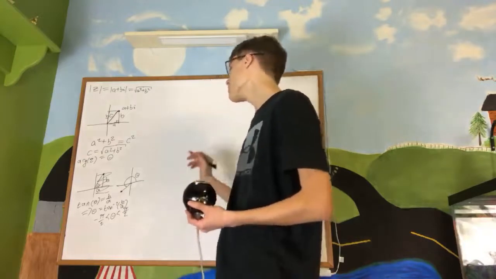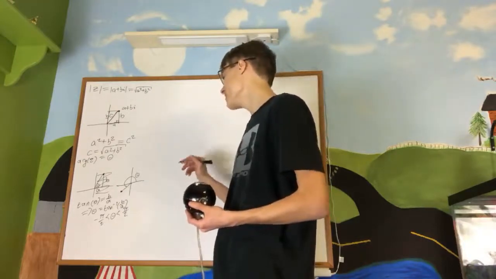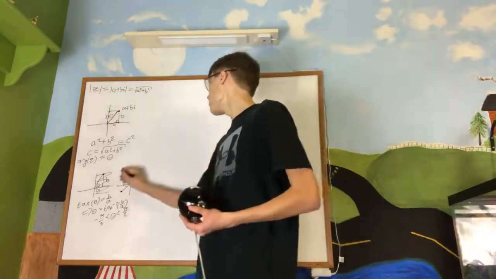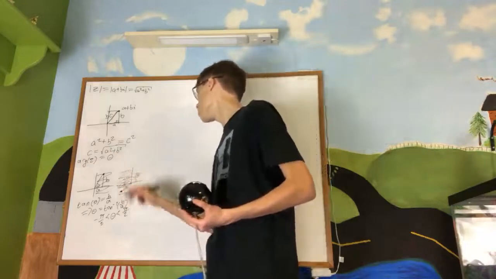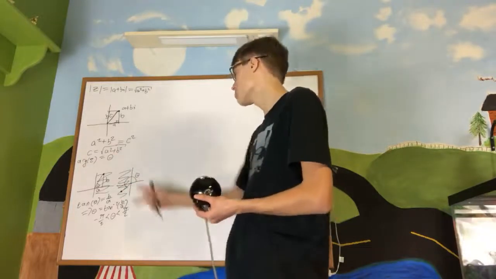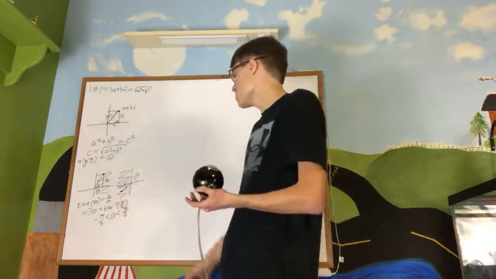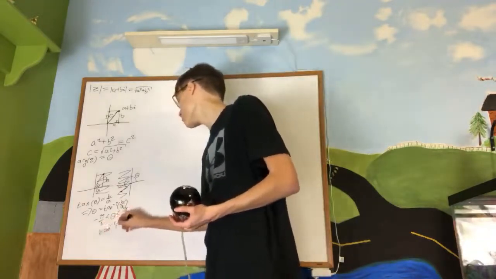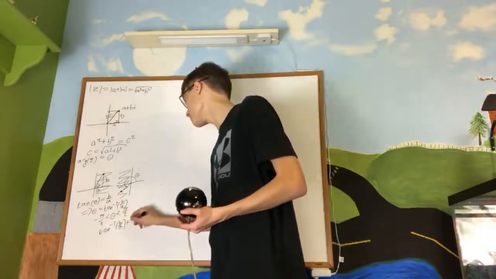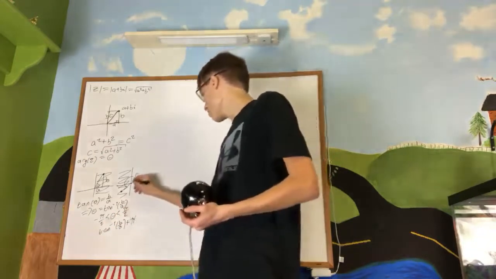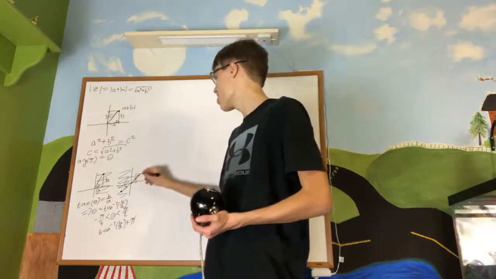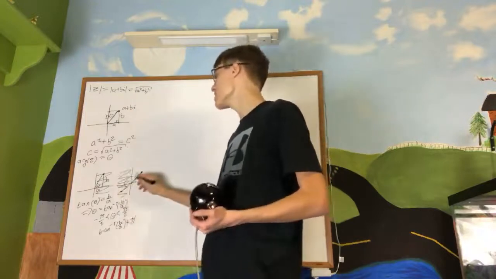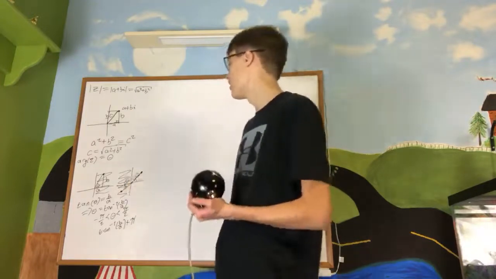To get all other values of theta, you take tangent inverse of b over a and you add pi. So for those two quadrants of the complex plane, you take tangent inverse of b over a and you just add pi. And that will give you the actual theta for it.